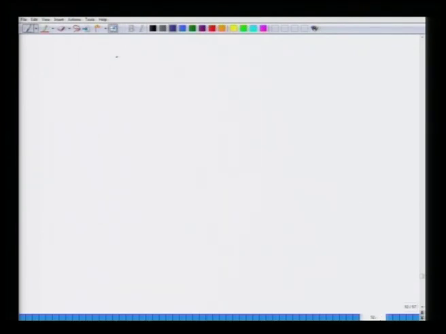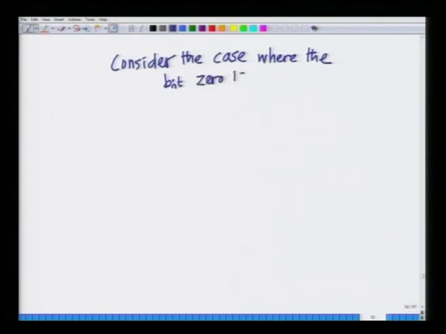So, let me consider the case where the bit 0 is transmitted.